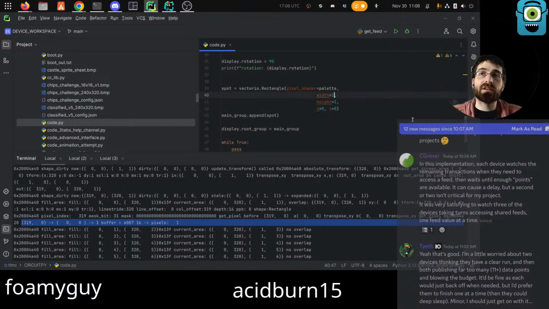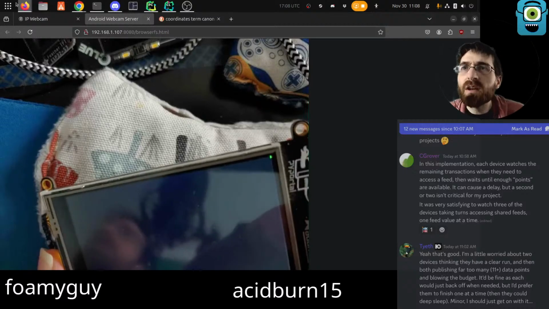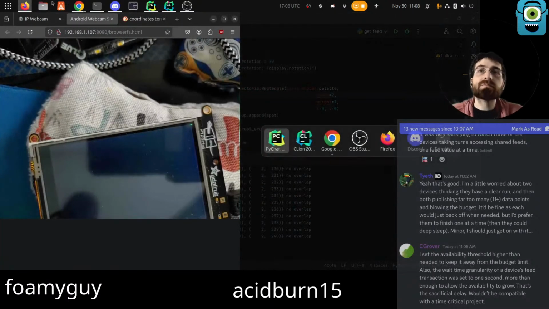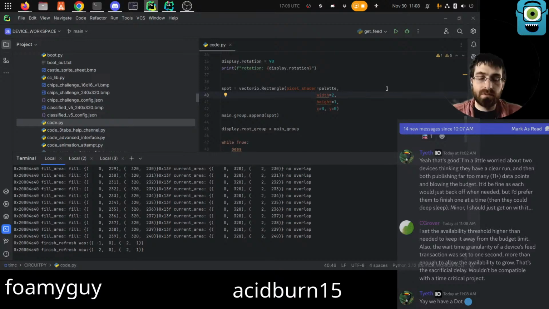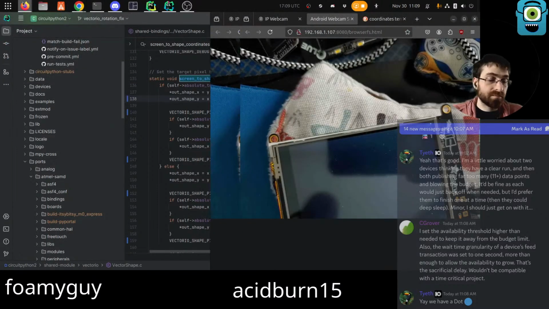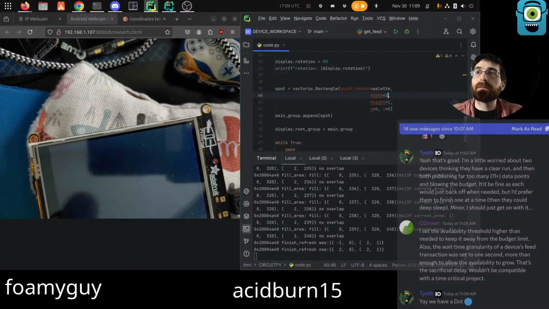So if I did like width 2, I think that's bigger. Pretty sure that got bigger. Why though? Yeah, totally. Okay.